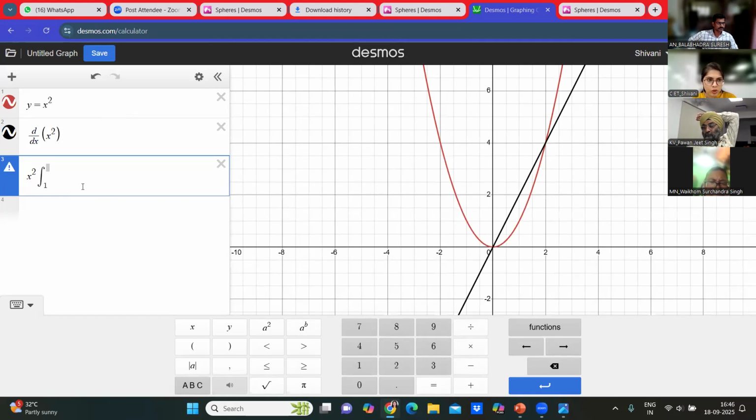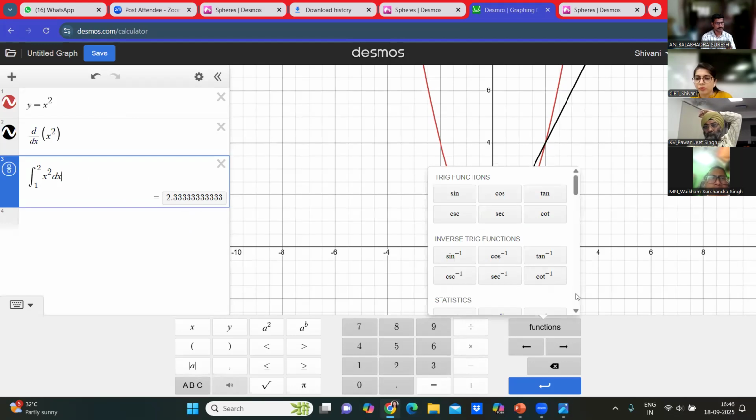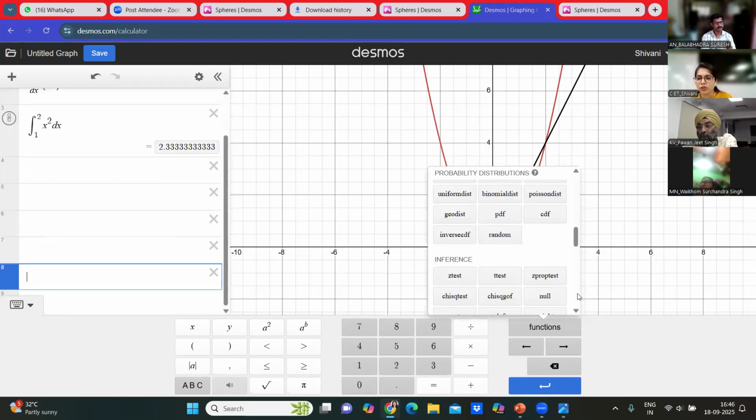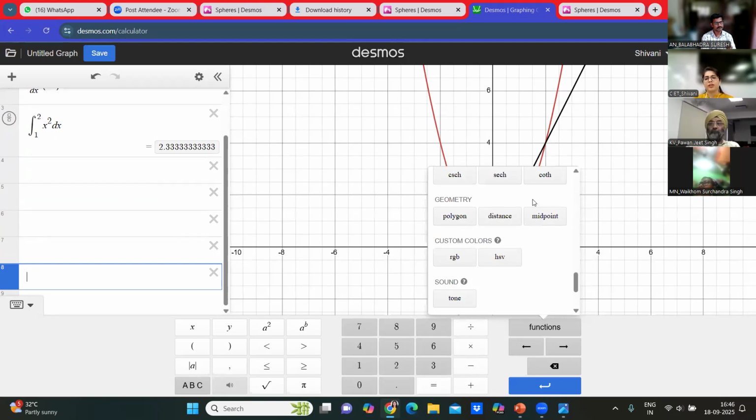Also you can put the limit. So this is 1/2 x square dx. In between you can write x square dx also. You can find the value also. So there are many things in this tab. You can see the graph of inverse trigonometry functions. These also you can find. Thank you, madam.